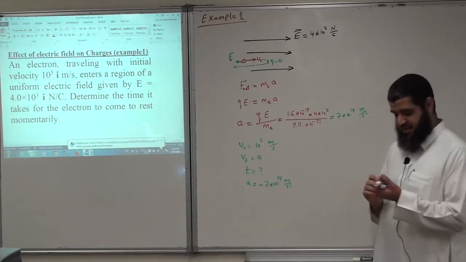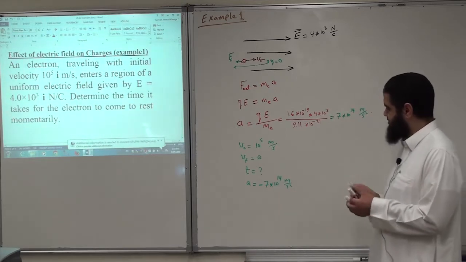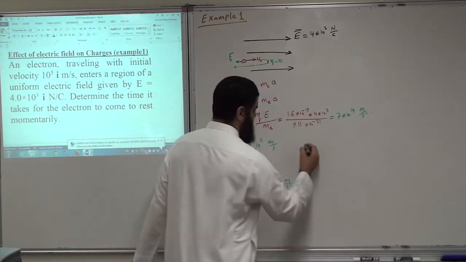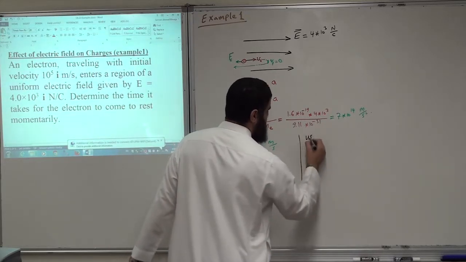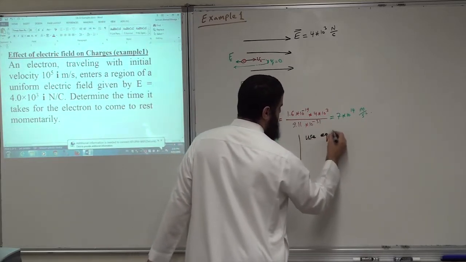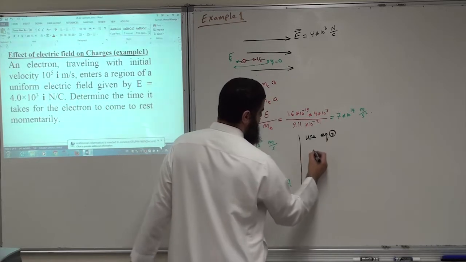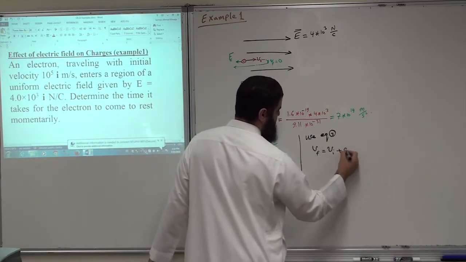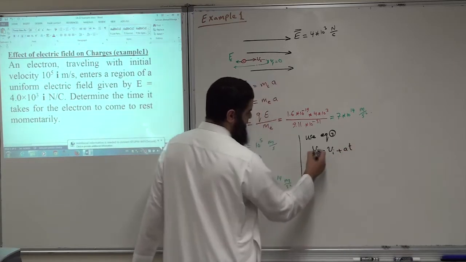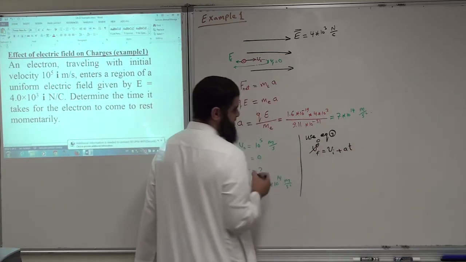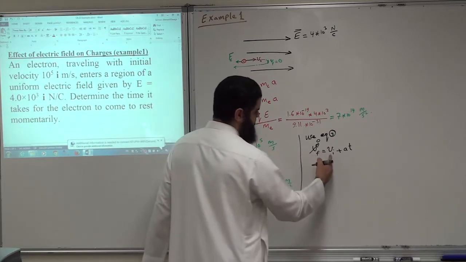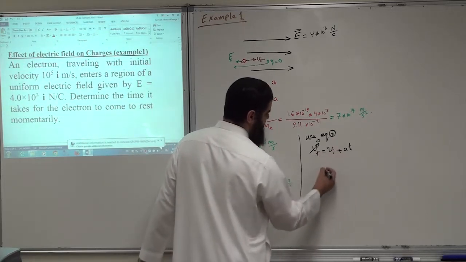Okay, if you remember the kinematics from physics 101, we can use equation number 2 to find the time. So use equation 2 of kinematics, which says that V final equals V initial plus at. V final is 0 because the electron will stop momentarily, and this acceleration is negative.